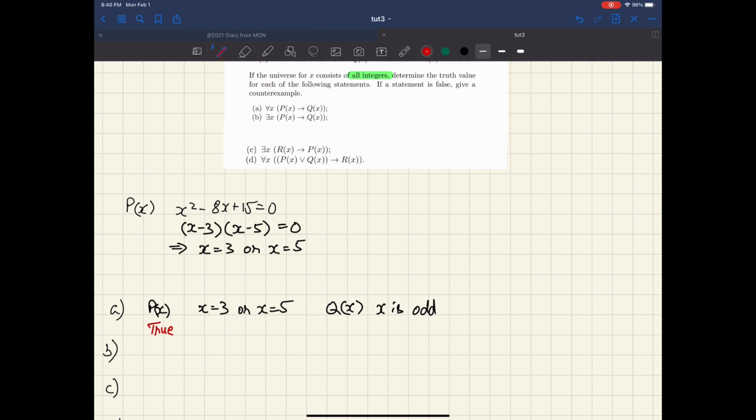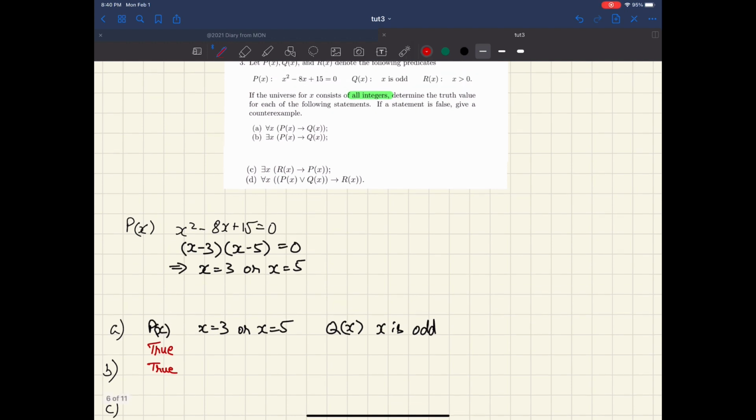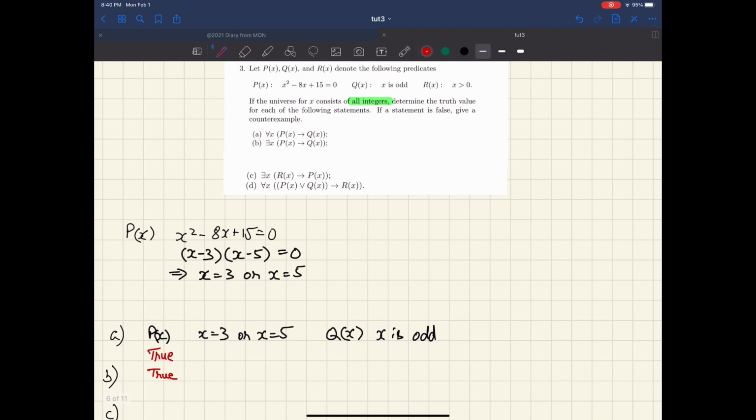Part B says for some x, P of x implies Q of x. Now, in the first part, we had for all x which satisfy Px. Now we have if there would be some x which satisfy Px and then it satisfies Qx. And it's basically true because since your whole universe is true, your existential quantifiers are also true.